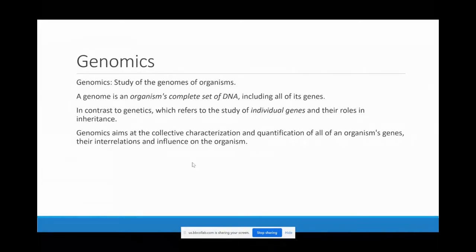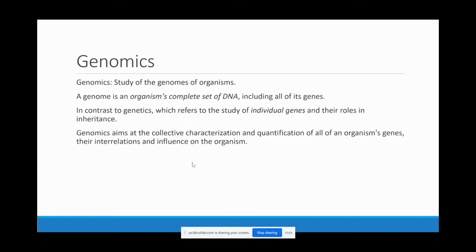So we might be focusing on one gene and understanding that gene and its role in inheritance. If you've taken a genetics class, you probably have talked about how a particular gene influences something like eye color, and how that is related in your genetics, right? How that can be passed down.